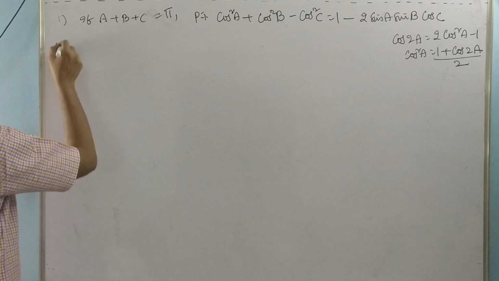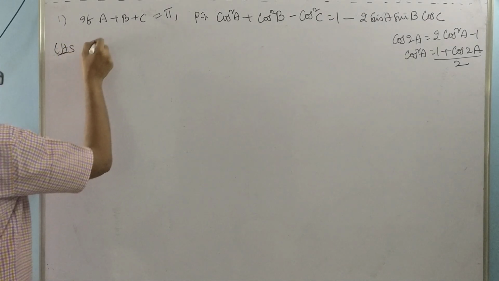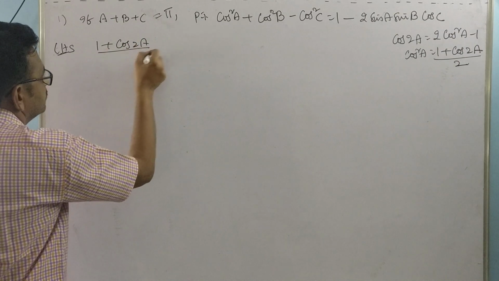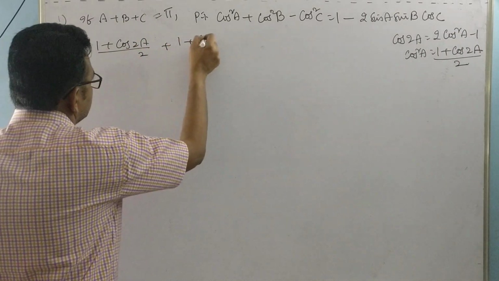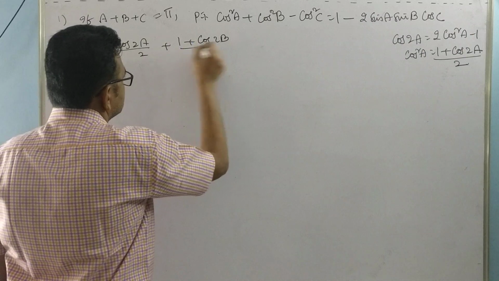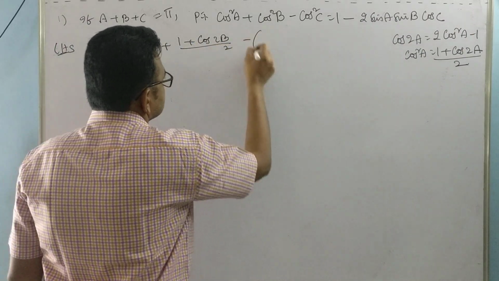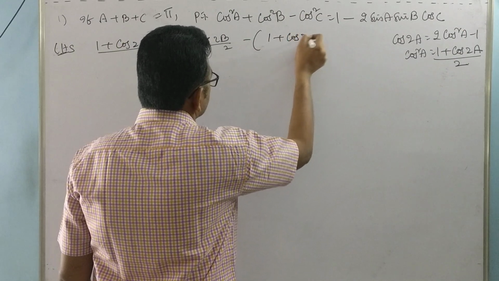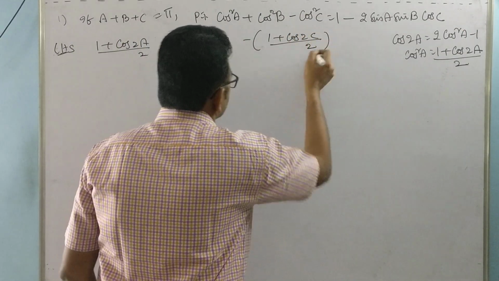Now taking LHS: LHS is 1 plus cos 2A by 2 plus 1 plus cos 2B by 2 minus, cos square C is 1 plus cos 2C by 2.